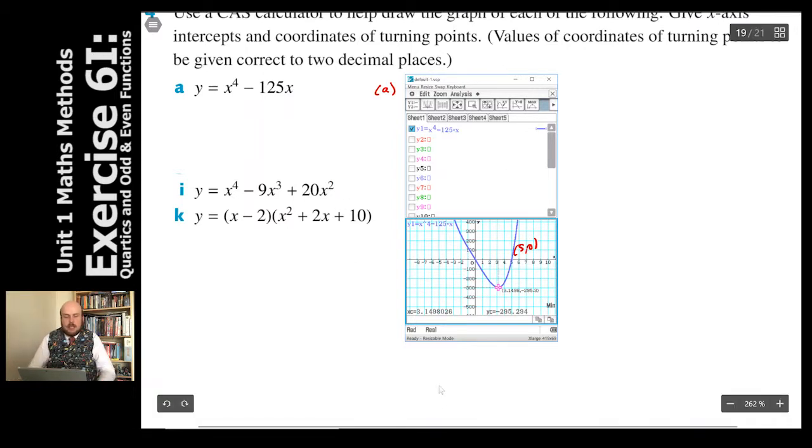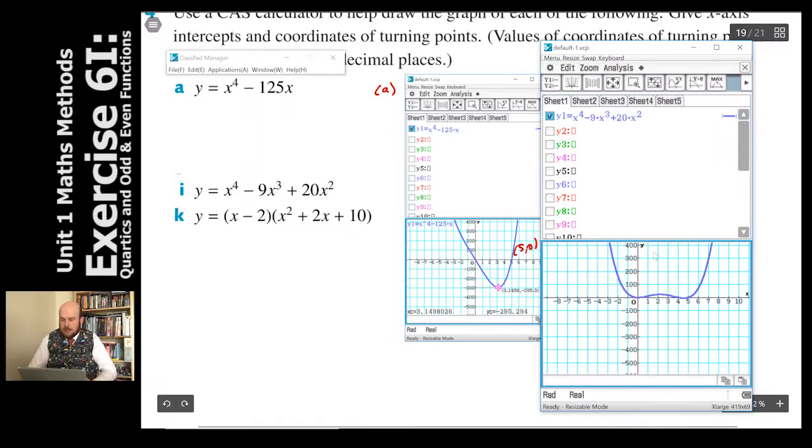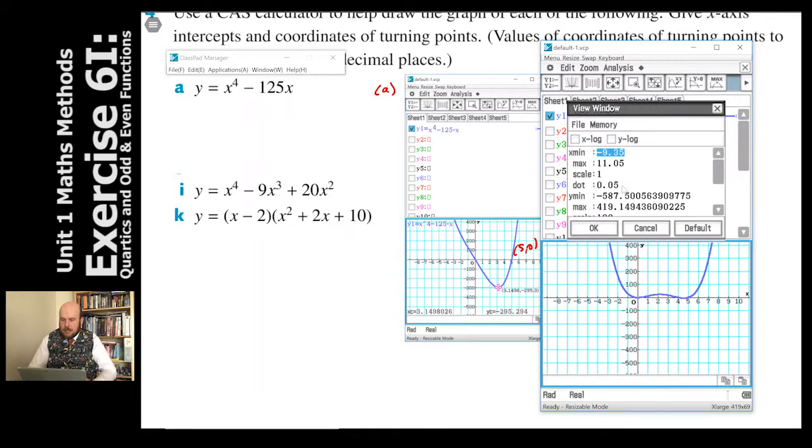Great. Now the next one that we need to do is x to the power of 4 minus 9x to the power of 3 plus 20x squared. Let's go and have a look at how this friend looks. Oh, well, this one I can shrink up a bit. So let's try -50, that's going to be 5. Let's go with 100, 10.